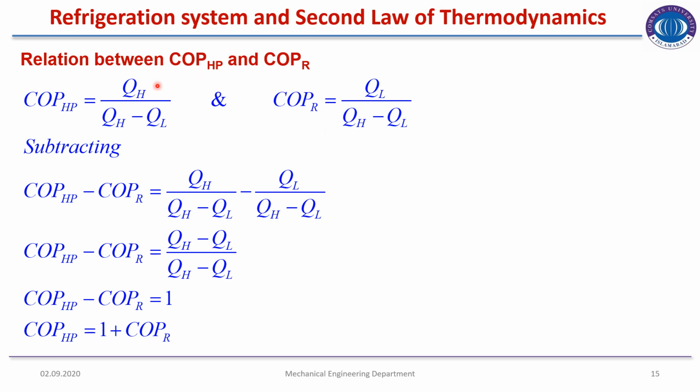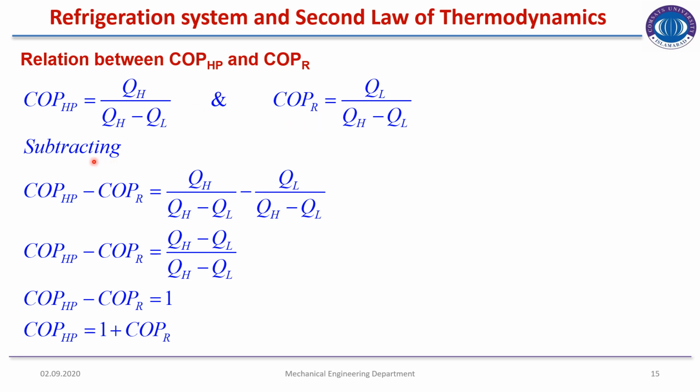You can see the numerator is different, whereas the denominator is the same for both. Let's denote COP of heat pump as equation 1, and COP of refrigerator as equation 2.